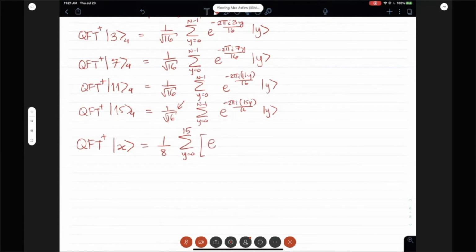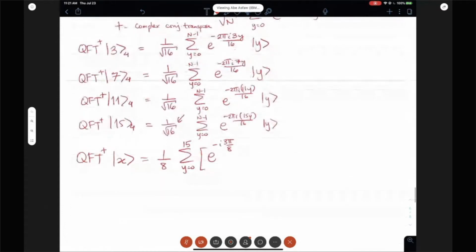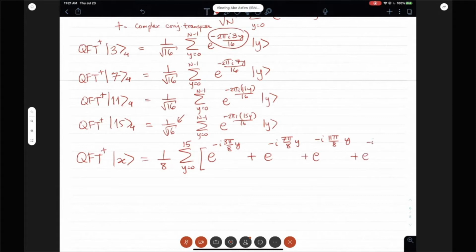So the first one, I'm going to write down in the most simplified form that I can write it. It looks like this. The second one looks like this. The third one looks like this. And the fourth one looks like this. And all of these are prefactors to a y multiplier.